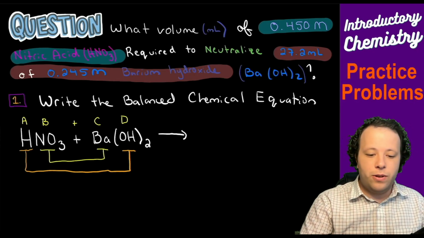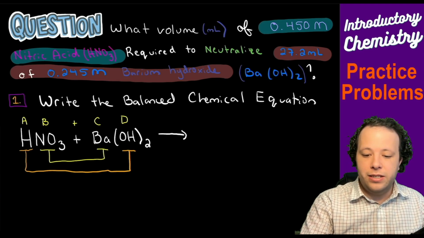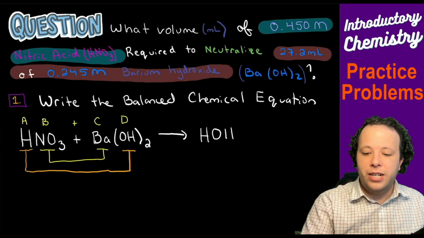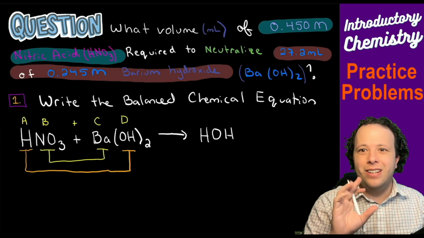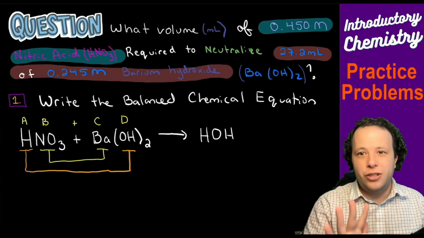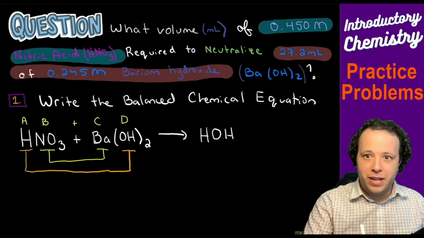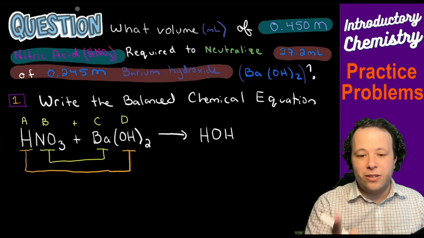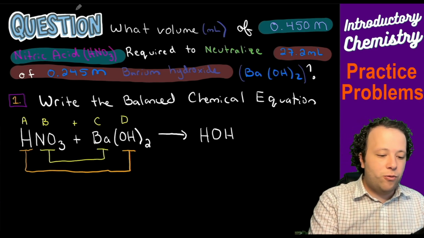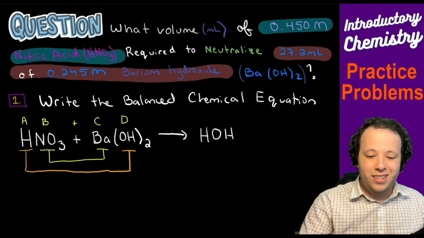Now with this, the first one, the outside, is showing that we'll have water. So it's going to be H and OH combined. Whenever you have a hydroxide polyatomic, a little tip is to write it as HOH until we have it balanced, because polyatomics are easier to balance when they're written in this format. Now, what's the other one?